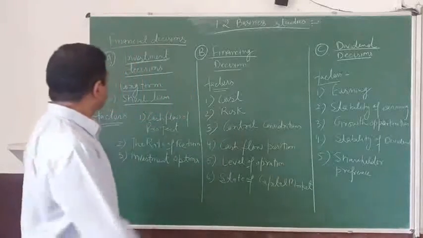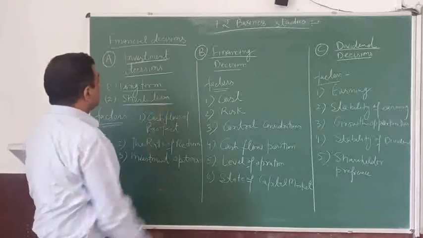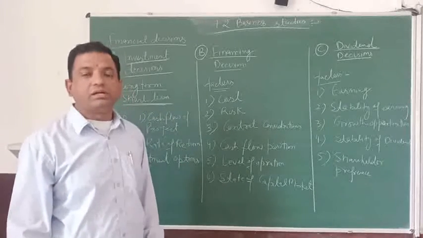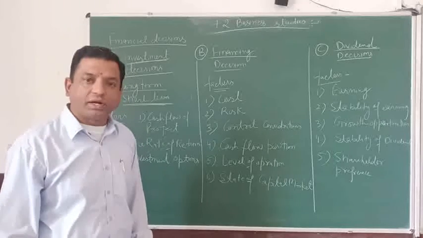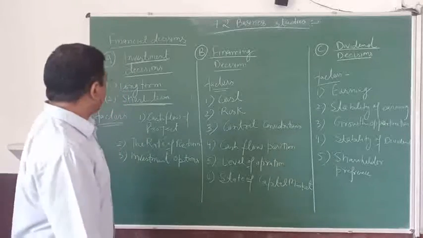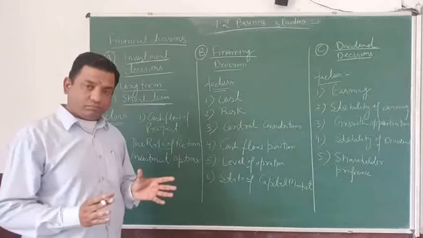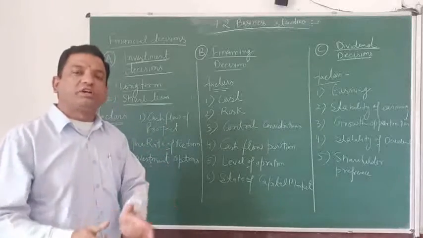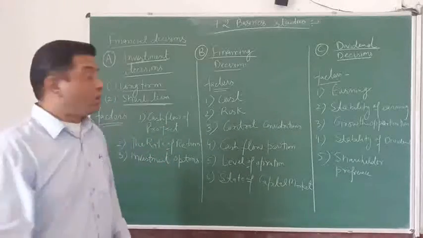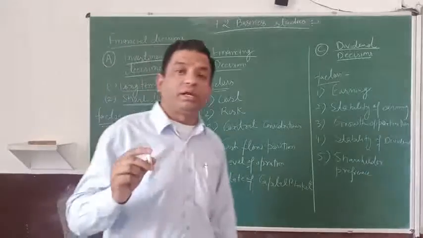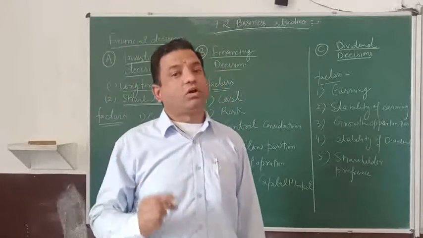This short-term decision relating to investment is also called the working capital decision, or working capital management. So if any manager is going to decide how much money is to be invested in which type of assets, there are different factors one has to keep in mind while taking the investment decision.